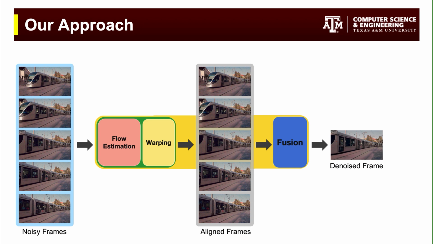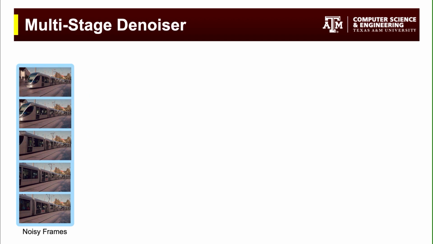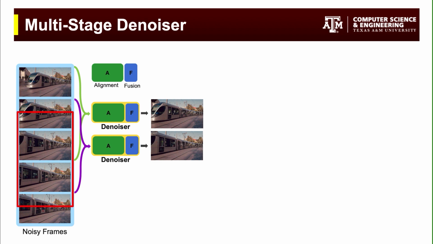The major problem is that, for temporally distant frames, the alignment quality could deteriorate due to complex large object and camera motion. Inspired by Tassano et al.'s approach, we address this problem by performing the denoising in multiple stages. Specifically, we use our denoiser to generate an intermediate denoised frame by processing 3 consecutive frames at the first stage.